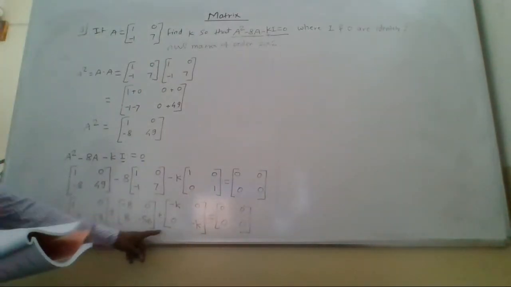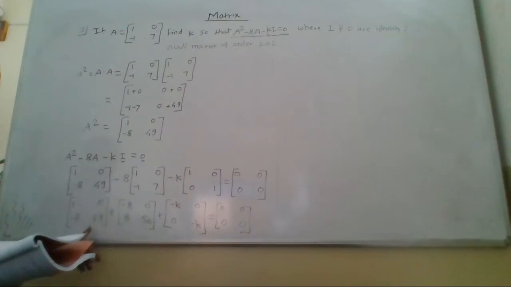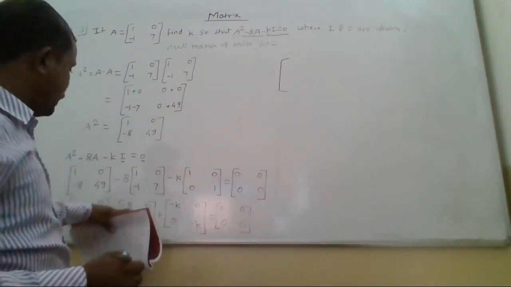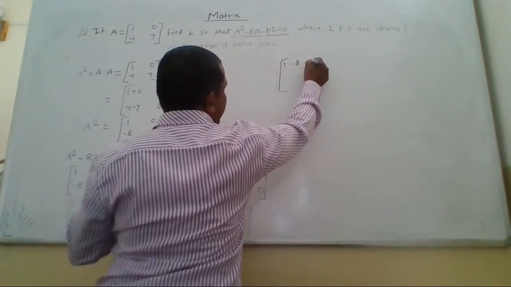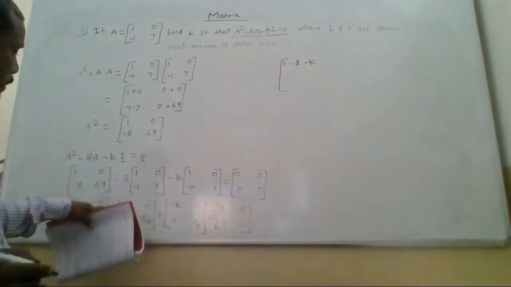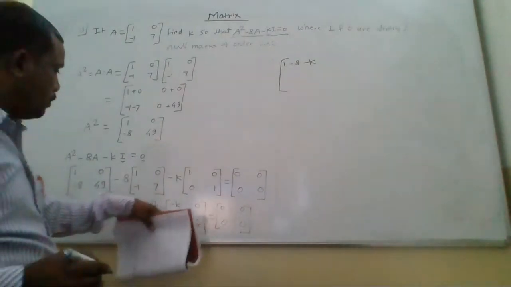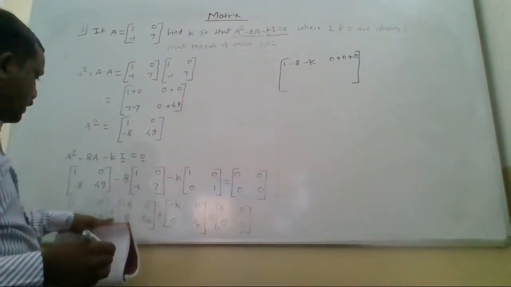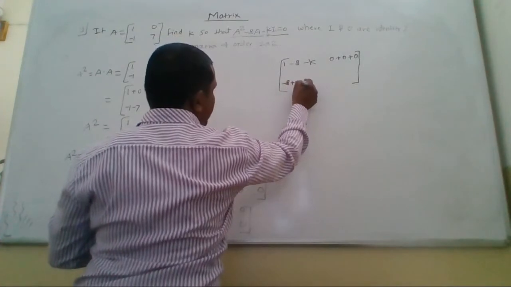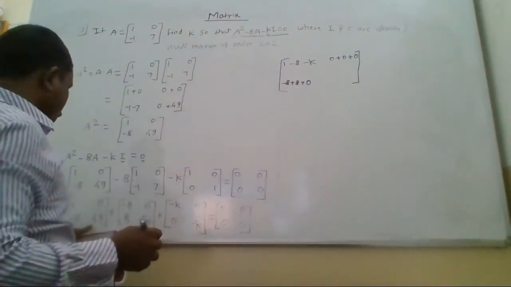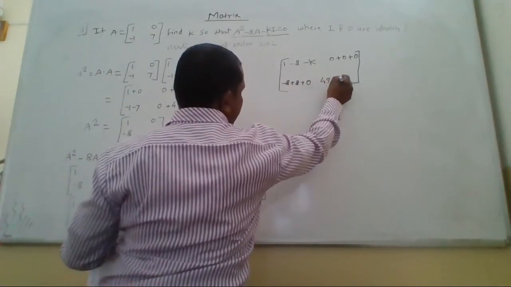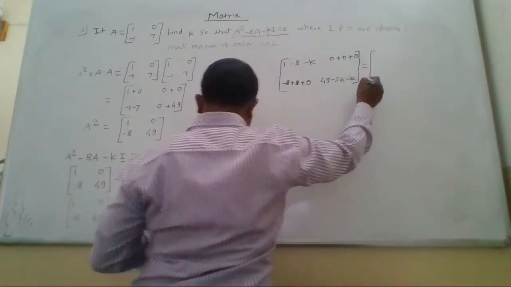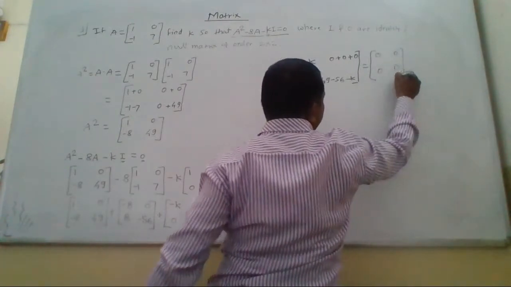Here is the addition of three matrices. These three matrices have the same order 2 by 2, so we can add them directly. Add corresponding elements: 1 minus 8 minus K, 0 plus 0 plus 0, minus 8 plus 8 plus 0, and 49 minus 56 minus K, equal to the null matrix [0 0; 0 0].